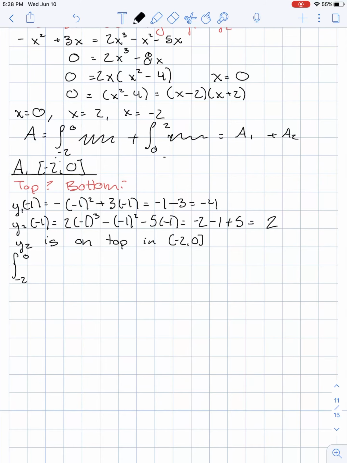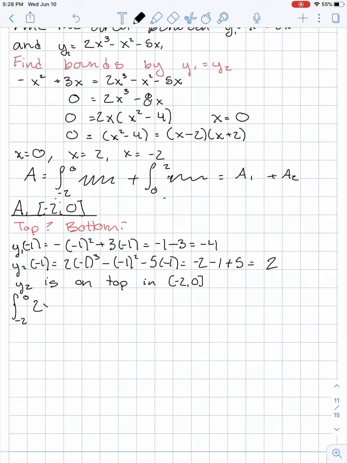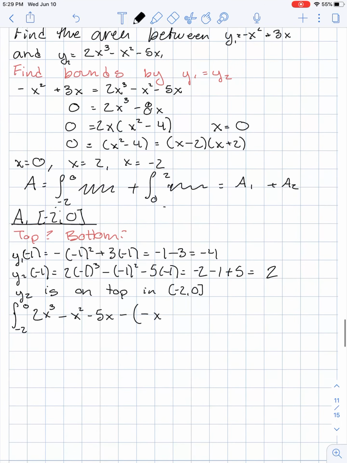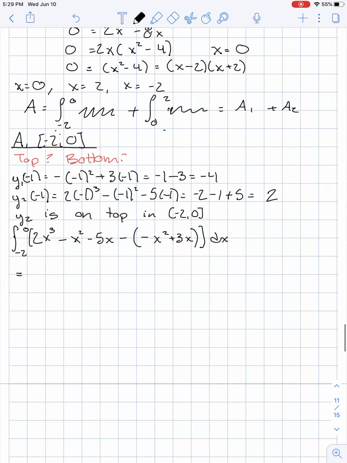What next? Top minus bottom, right? So top is y2, where y2 is 2x cubed minus x squared minus 5x, minus the entirety of y1, which is negative x squared plus 3x. And that whole body is multiplied by dx, right?